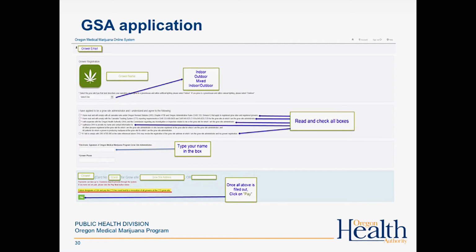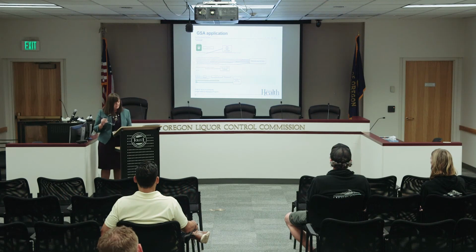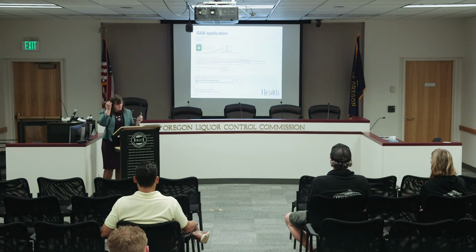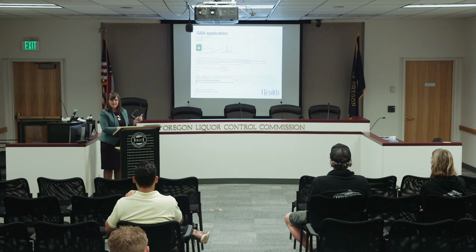Next, you will answer questions here. You need to read these and check all of the boxes. The questions are, I have read and I will comply with all the rules under the revised statutes. So you're reading the OAR or the ORS having to do with the Growsite administrator. I will read and comply with the Cannabis Tracking System reporting requirements that are both in the Oregon Health Authority's rules and in OLCC's rules.